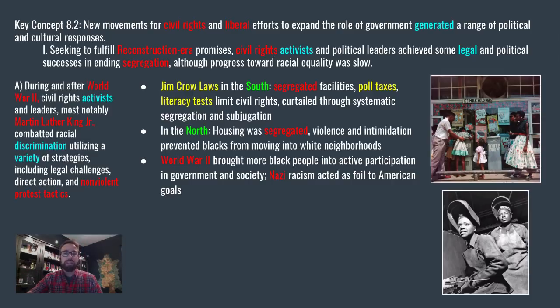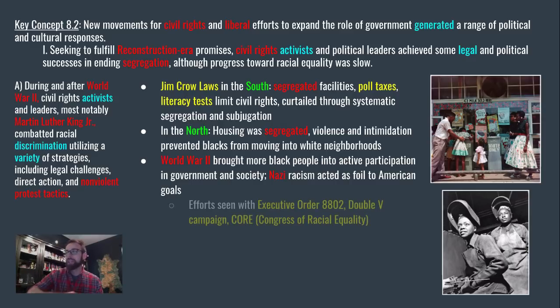We saw what happened with racism and the Holocaust with the Nazis, which means that if that's our enemy, why do we have these same sorts of limitations, laws like Jim Crow, similar to the Nuremberg laws? It was the point where the inconsistencies of freedom in America came to light, and it's during World War II in this context that a budding civil rights movement starts to form.